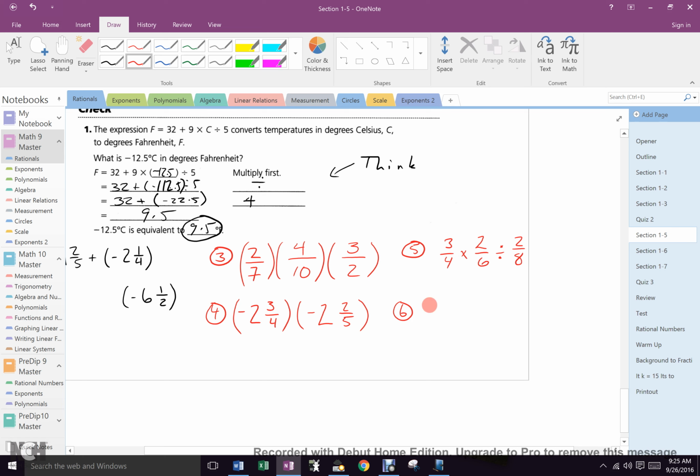Schmoopalicious. All right, and finally, it's not hard, Austin. It seems hard when you look at it. Ooh, divide and multiply, blah, but you know how to do it.